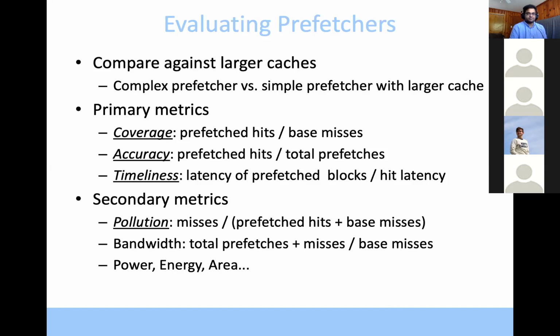Can it be turned off per process, or is it the full processor thing? No, it's a processor level directive. So they tend to turn it off when they're sure that they're running a program that is not going to benefit from a prefetcher. You usually do this with profiling.